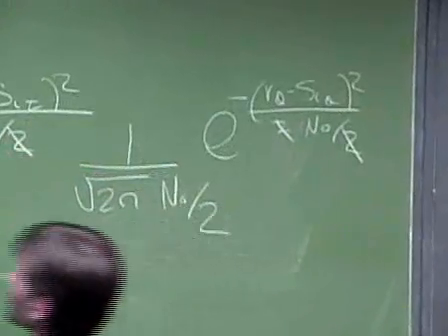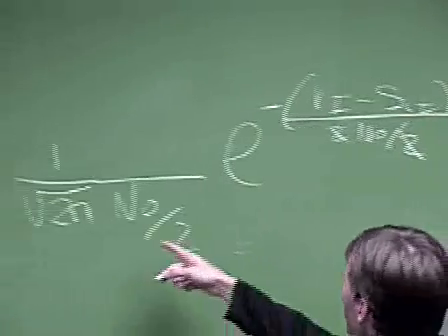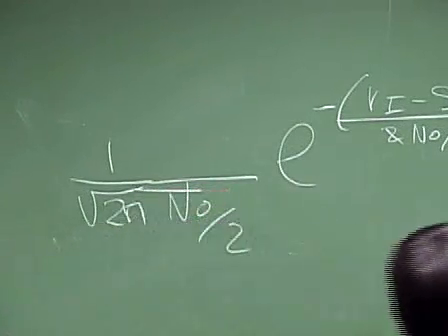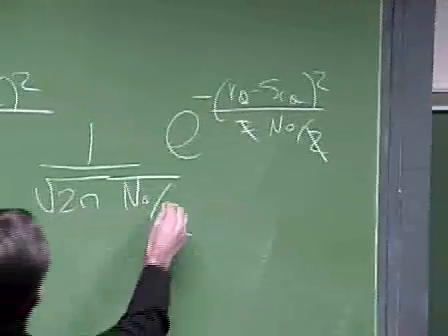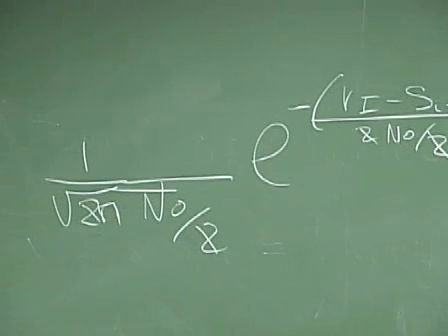So we get square root of 2 pi times square root of 2 pi gives us the 2 pi. 2 pi times n0 divided by 2, this is inside the square root, I'm sorry. Okay, so this cancels this. The exponentials come together and you get this.